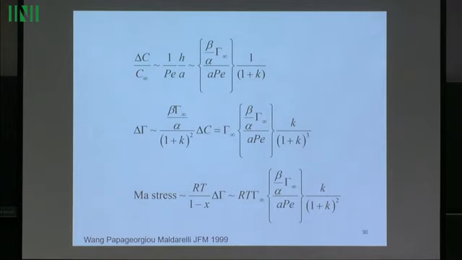And if I estimate each term, my delta C, my fractional change in concentration here, decreases with bulk concentration. My change in gamma goes as 1 over k squared for high concentrations. And my change in Marangoni stress goes as 1 over k for high concentrations.